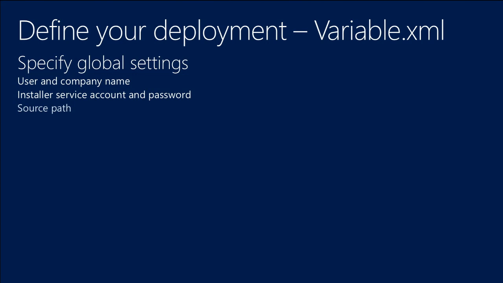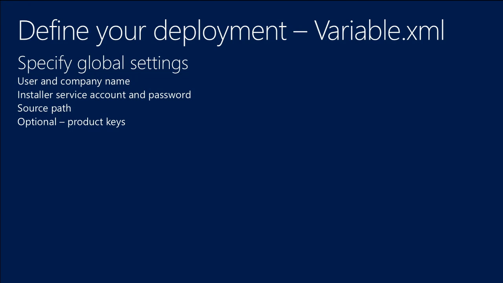What you put in variable XML, global settings. So what's the username and company name you want to register the software to? What is the service account and password of the account that's going to do the installation, so the installer service account? What is the source path to all the media, and we'll get to how you get that in a moment, all the media for what you're going to install from. Then optionally, you can also put in product keys.